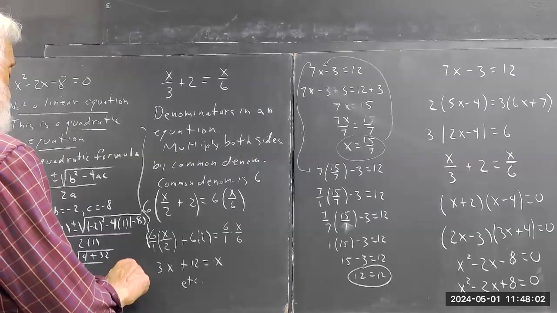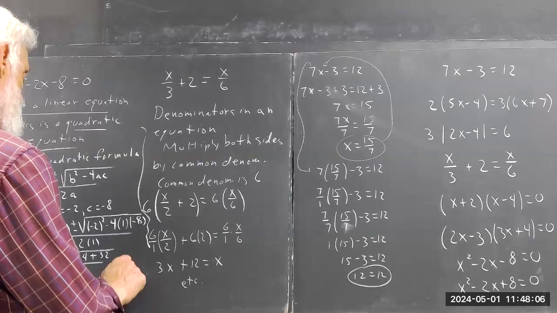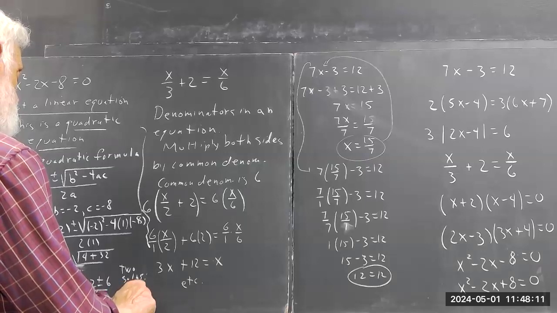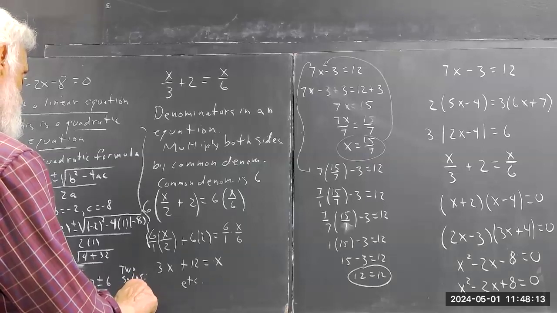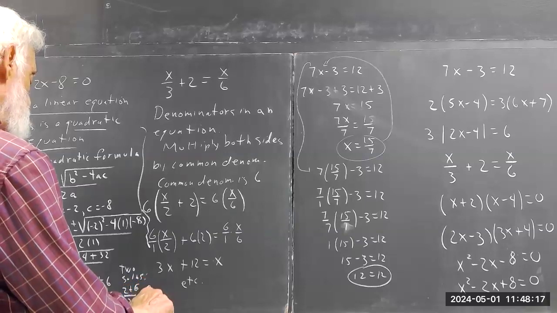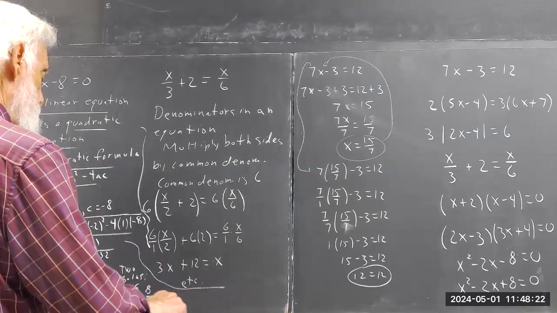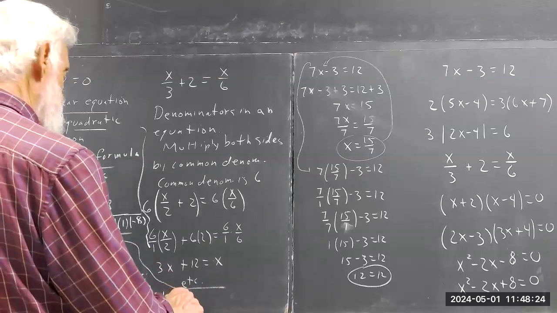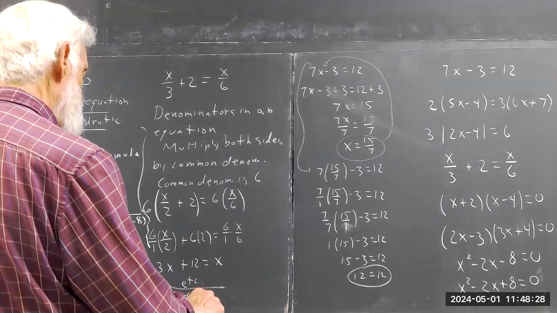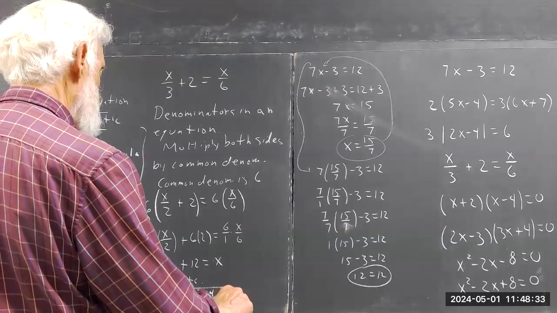So we have two solutions. 2 plus 6 over 2, which is 8 over 2, which is 4. And 2 minus 6 over 2 equals negative 4 over 2, which equals negative 2.